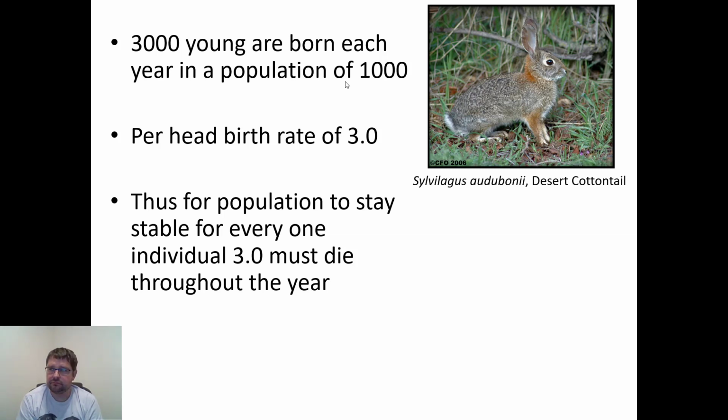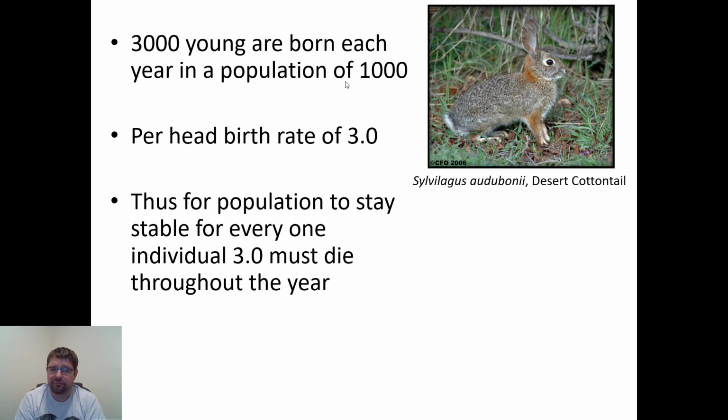and say, well, okay, as long as the population has a death rate of 3 individuals for every one that stays alive, then your population is stable and it's neutral.